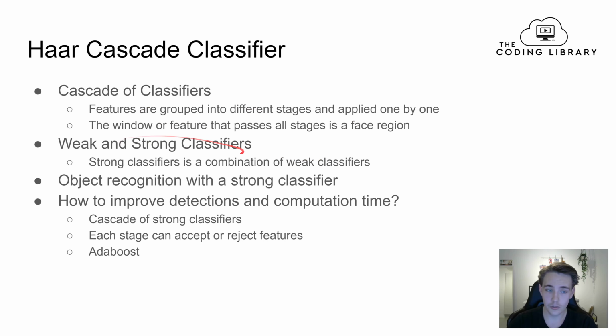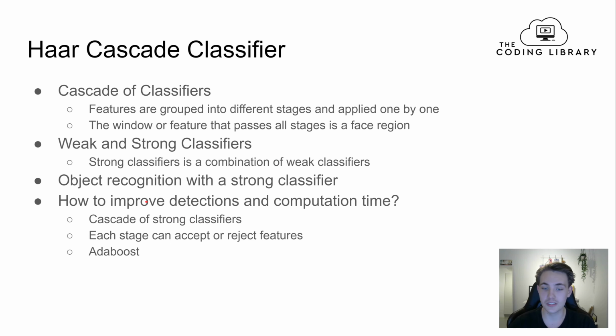We also have weak and strong classifiers here, where the strong classifier is just a combination of the weak classifiers. When we have combined a lot of different weak classifiers to detect certain features or certain objects in an image, we can use it for recognizing objects. So we're not only detecting objects, we're actually recognizing objects.